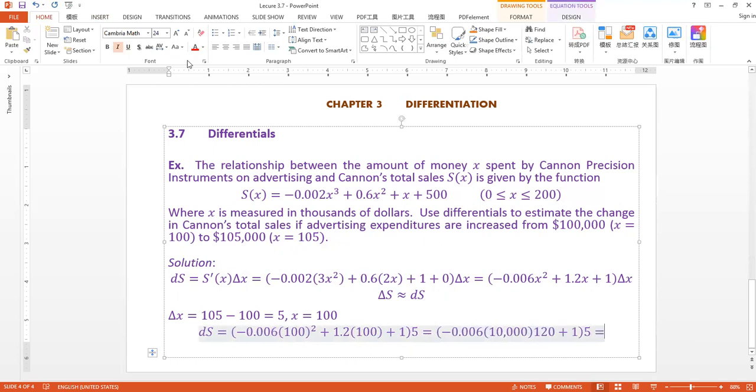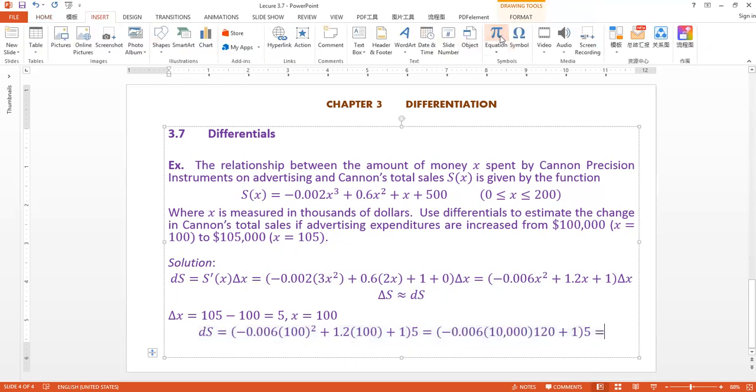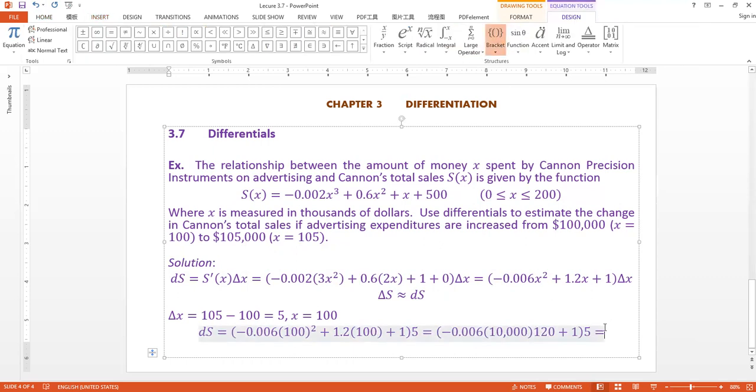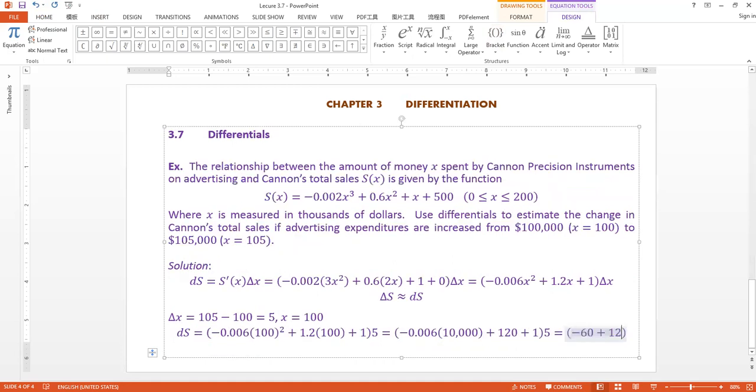Now let's just figure out the number. Negative 0.06 times 10,000 will be negative 60, I believe. Yes. So negative 60 plus 120 plus 1, times 5.